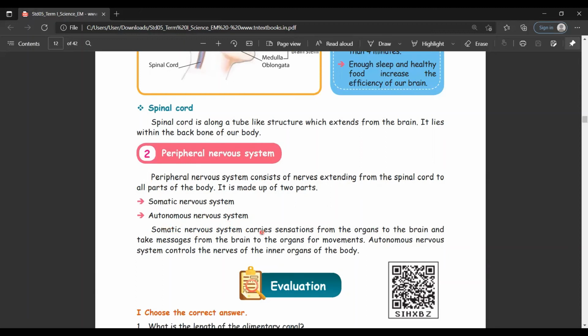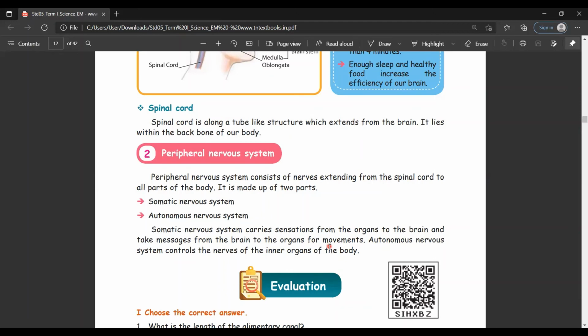Somatic nervous system carries sensations from the organs to the brain and takes messages from the brain to the organs for movements. So what happens in somatic nervous system? Our sensations, it means whatever we smell or see, or hear, or someone touches us, or we lift something, whatever the senses, it carries the information to the brain.